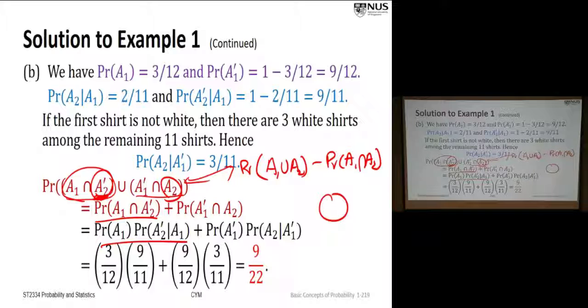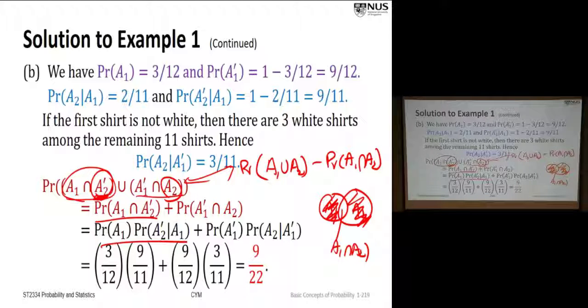So this is A1, this is A2. I want only one white shirt. That means this part and this part. So obviously it's the union without this part, which is common to both A1 and A2. So I have to subtract this part. All right? But of course, you may need to understand how you got this one.